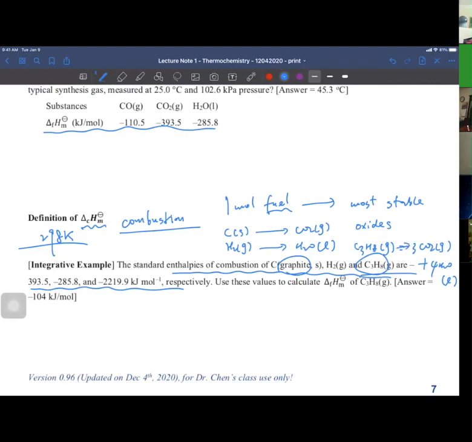So this is the definition of combustion: 1 mole of fuel, most stable oxide. All of the elements will change into oxide. Carbon will be carbon dioxide and hydrogen will be water. Or you can say dihydrogen monoxide, but it's oxide, right?